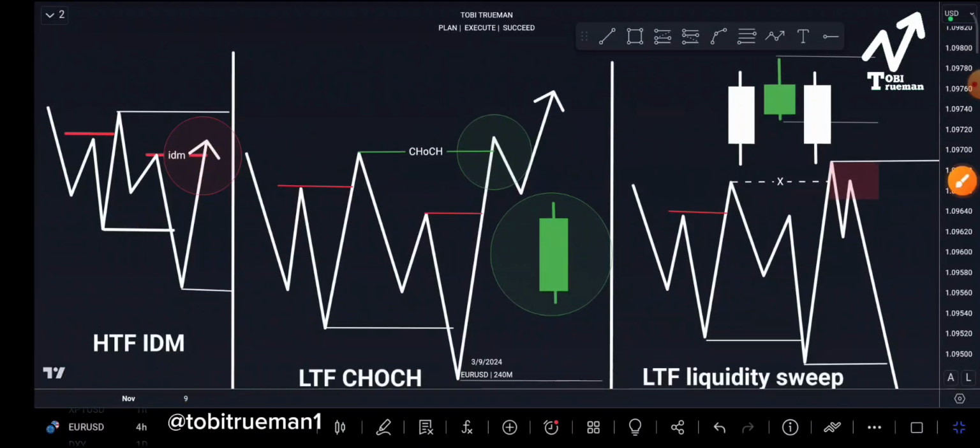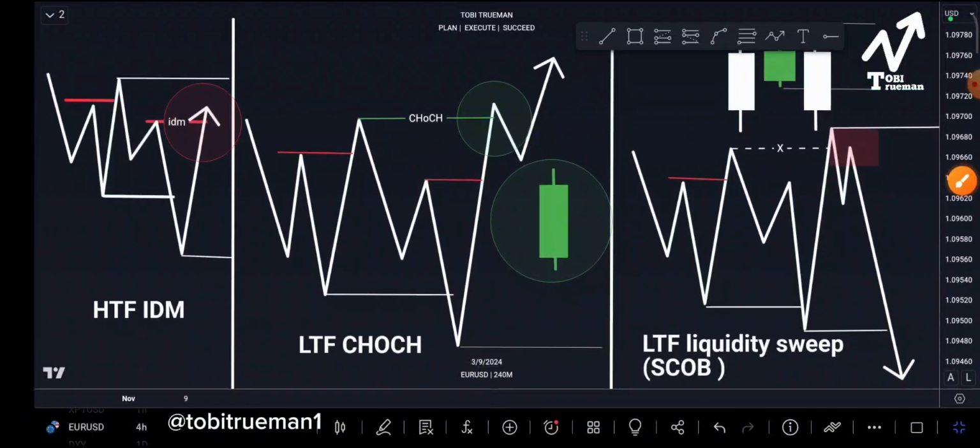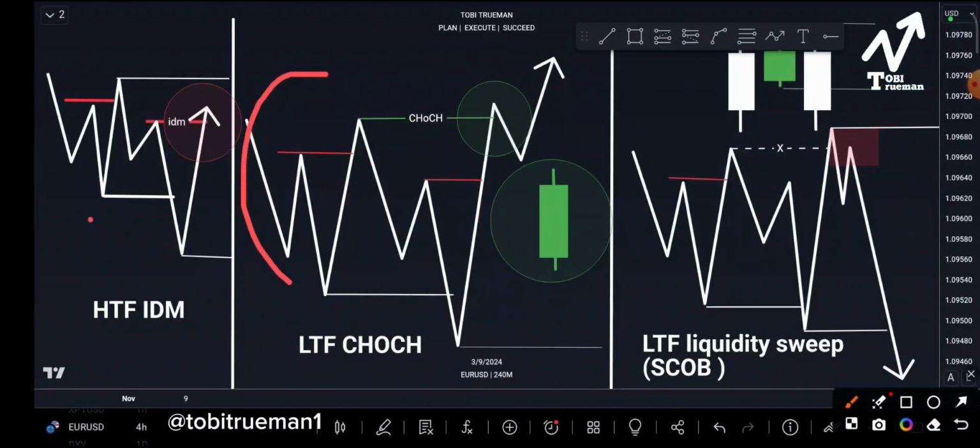This is mostly what can happen: sometimes when price gets to the lower time frame, you see that the lower time frame is forming its own structure. Aside from the major time frame structure, it is forming its own structure, and maybe in that structure forming, price is also coming down, and price has taken the lower time frame inducement already.